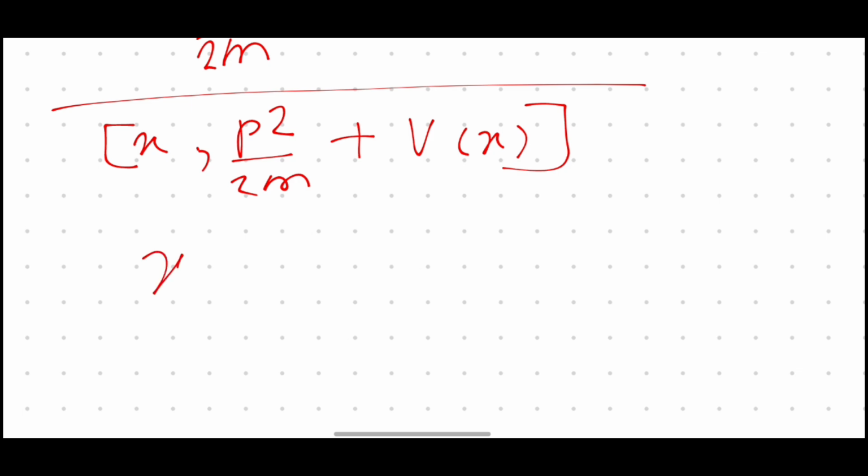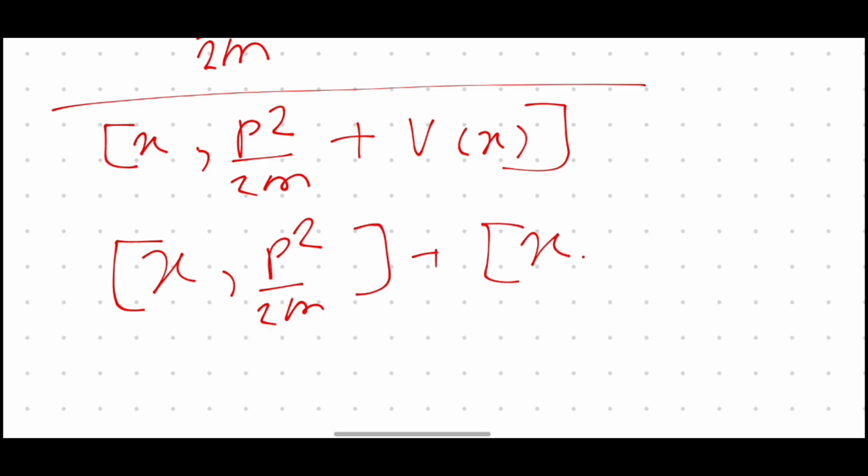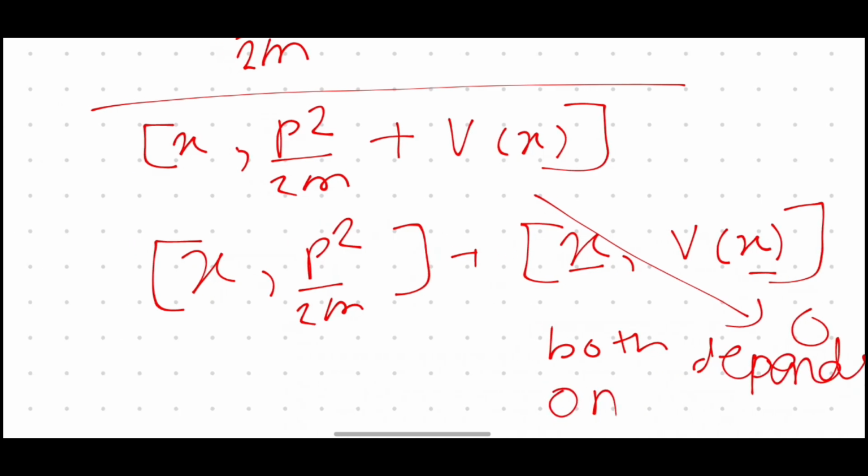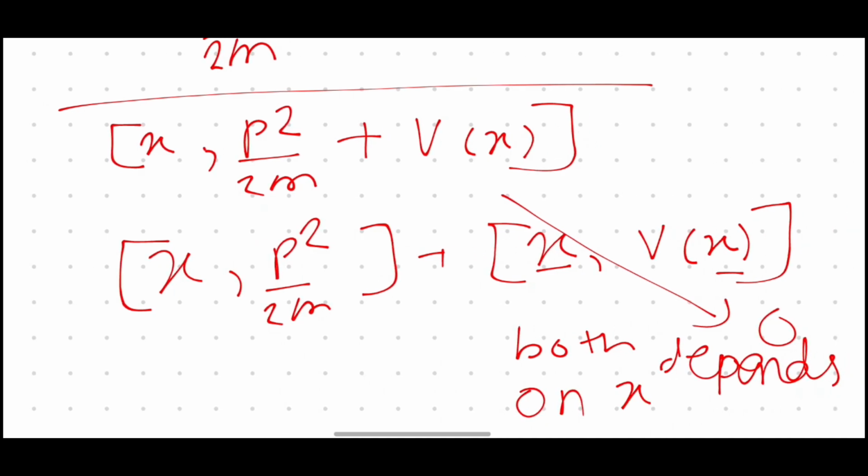So x comma p square upon 2m plus x comma v of x. Well, this becomes 0 immediately because both of these depend on x. So it immediately becomes 0.